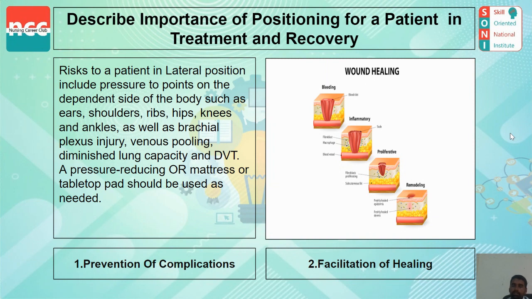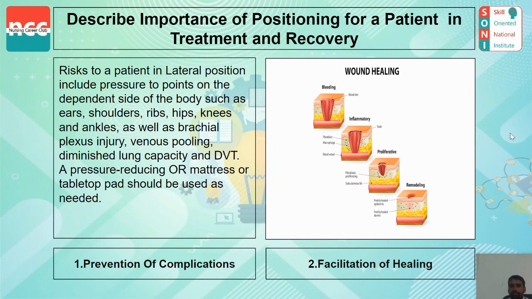The injuries can happen at the ears, shoulders, ribs, hips, knees, as well as ankles. So the HHA plays an important role in keeping the patient away from these occurrences, and the patient can recover very soon with the help of an HHA.